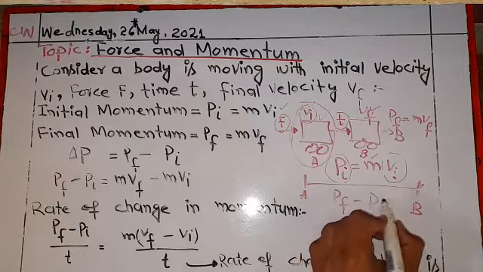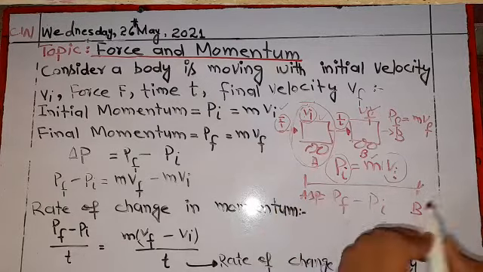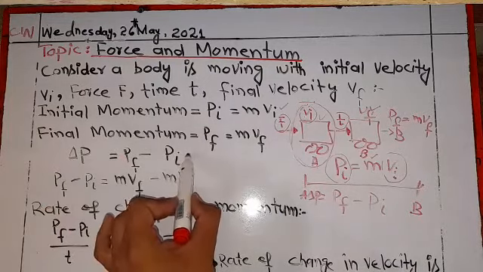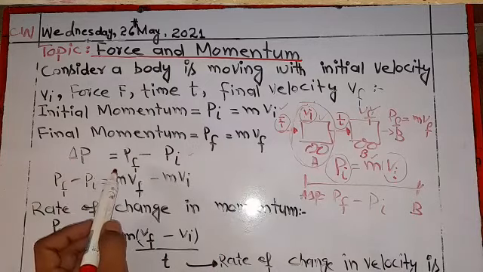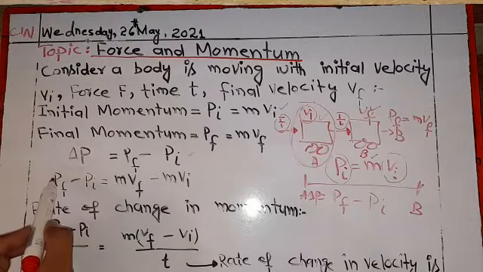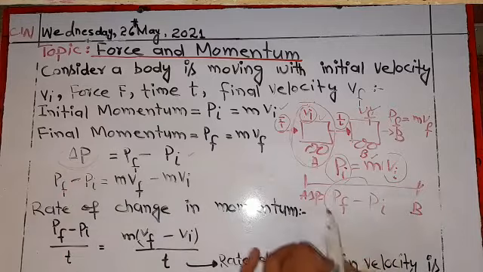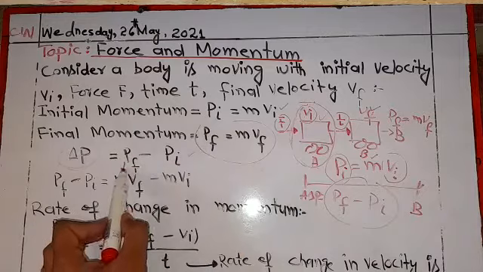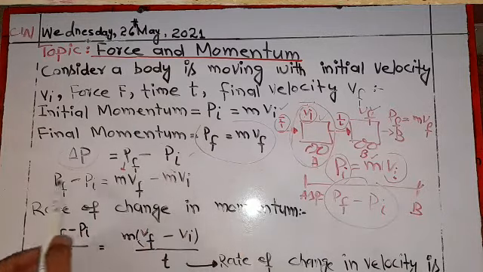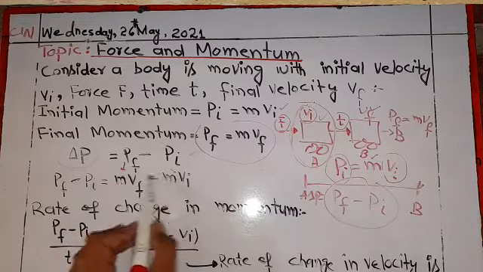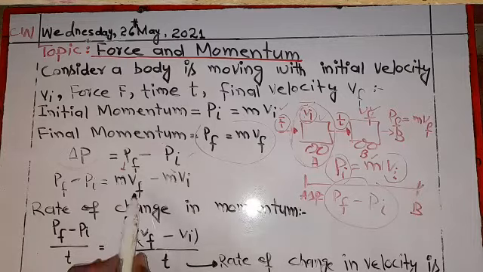Putting in the values, change in momentum is Pf minus Pi, where Pf is equal to mvf and Pi is equal to mvi. You can see that m is common, so this will be equal to m times Vf minus Vi.